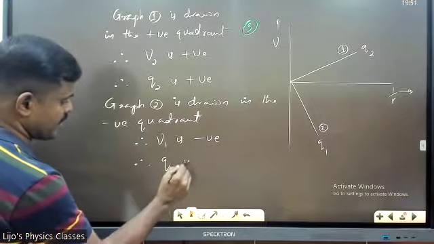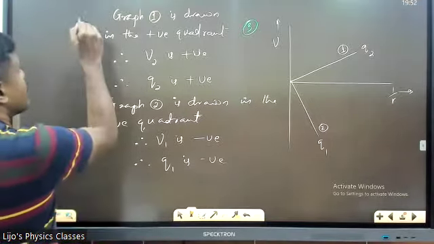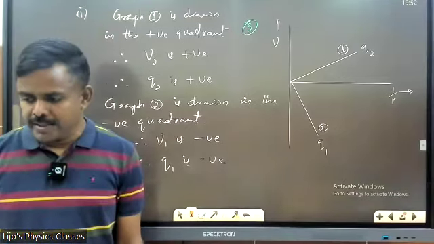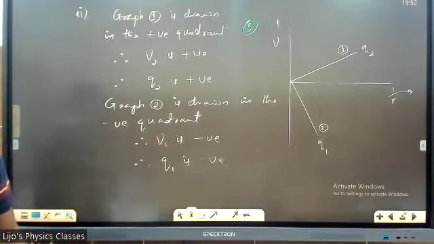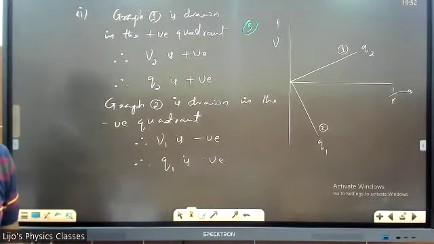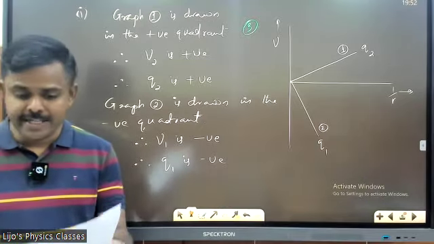If potential is negative, the charge is also negative. In the first part of the question, they were asking you to get the signs of the charges, which we have done. Hope you all got it. All of you got it?